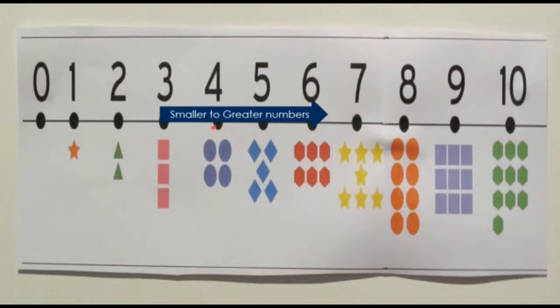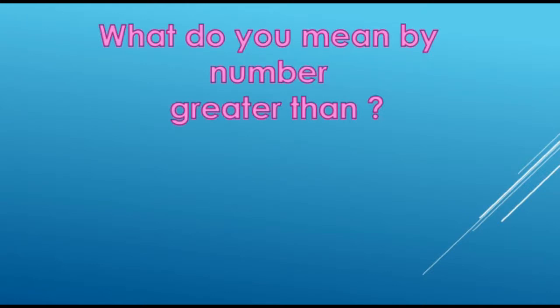Yes, 0, 1, 2, 3, 4, 5, 6, 7, 8, 9, 10. On the below side, all the shapes are also increasing. What do you mean by number greater than?